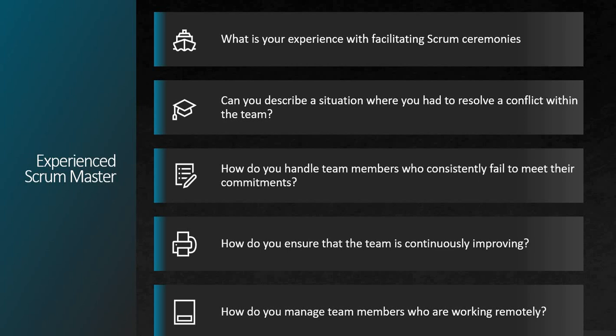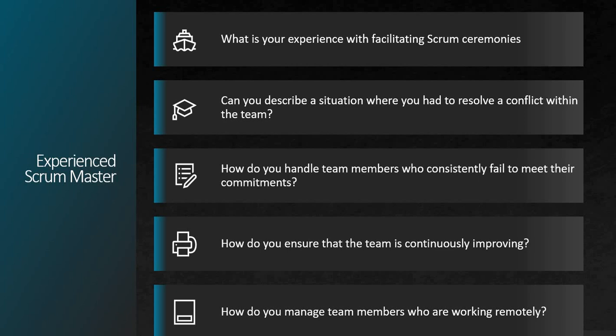I scheduled a one-on-one meeting with each of them to understand their concerns and perspectives. I then facilitated a team discussion where both members were encouraged to express their opinions and feelings. Finally, we worked together to come up with a mutually agreeable solution that resolved the conflict.